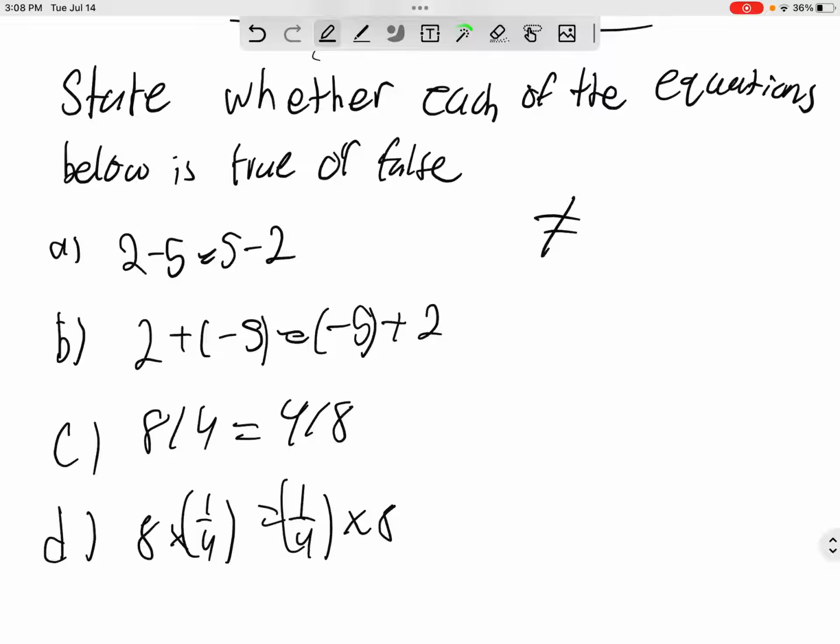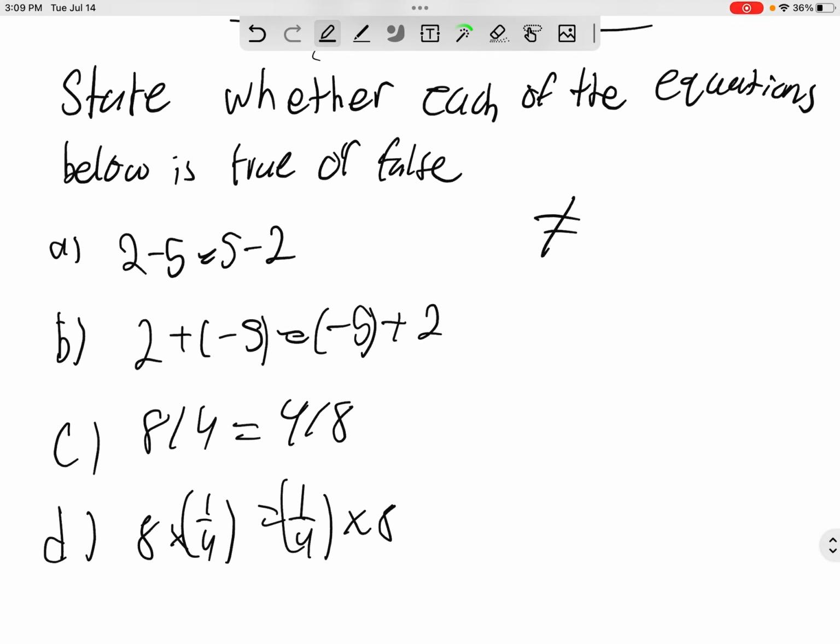The first number is the amount we start with, while the second is the amount being taken away. We therefore say that subtraction is not commutative, because reversing the order usually changes the result of subtraction. So for the next one, we have 2 plus minus 5 equals minus 3, and minus 5 plus 2 equals minus 3.